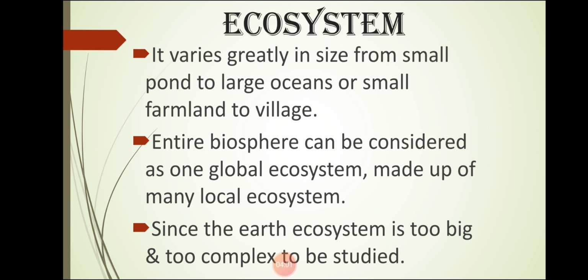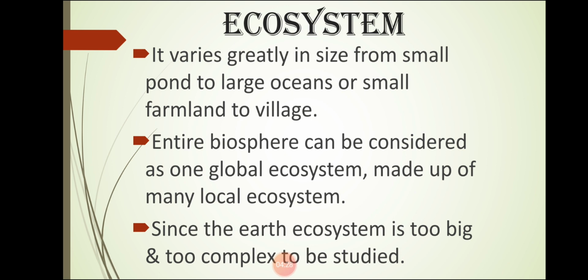When I say ecosystem, it varies greatly in size from small ponds to large oceans or from small farmland to villages. Ecosystem varies greatly. It is of various sizes. It can be from a small pond to large oceans or from small farmland to big villages.